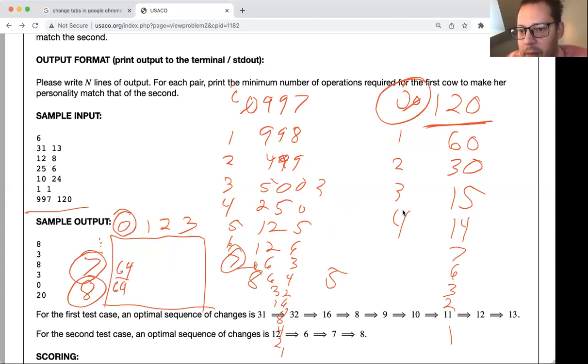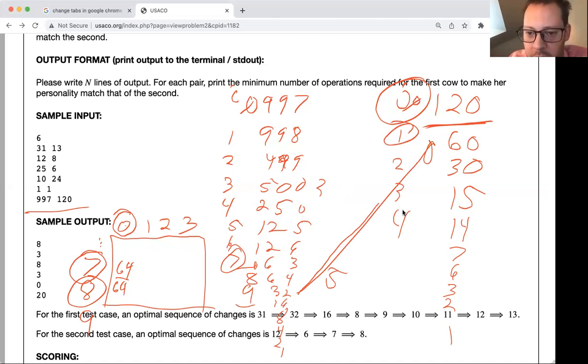If we go further down to 9, 8, and then that's number 9 for the 32, then I've got 32 to, for example, 60, which is going to be 9 steps down, and then plus 28 to get from 32 to 60, which is 37. And then 1 more step to get from 60 up to 120, so 38. So that'll be 38, which you can see is much smaller than 64.